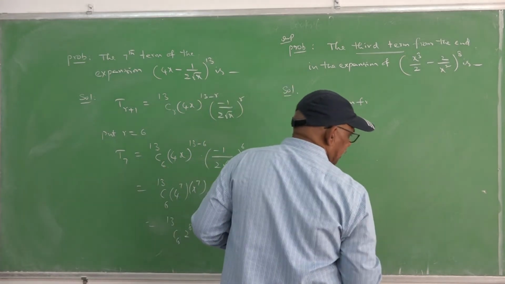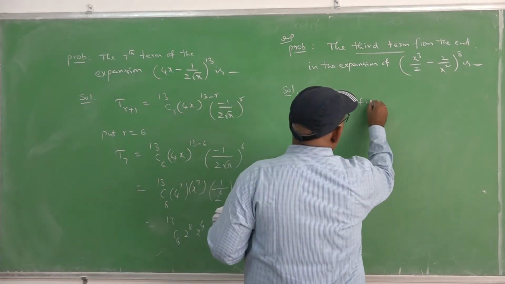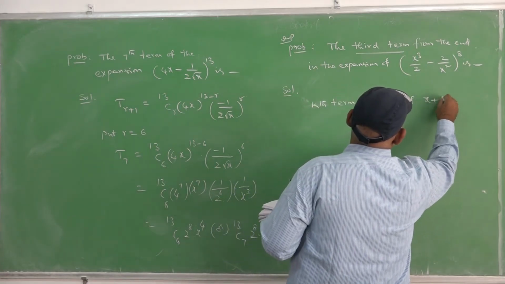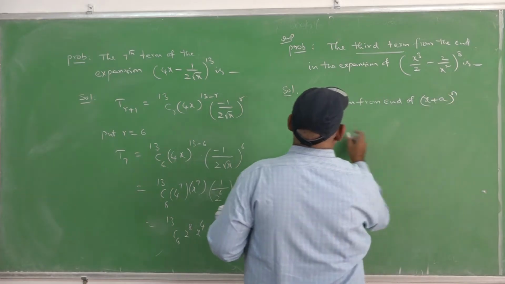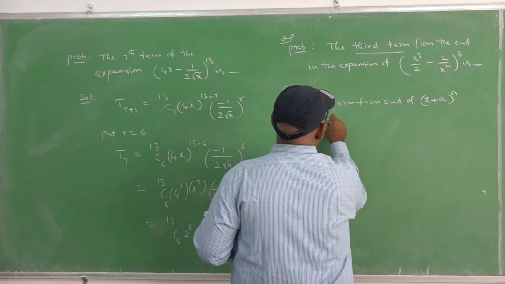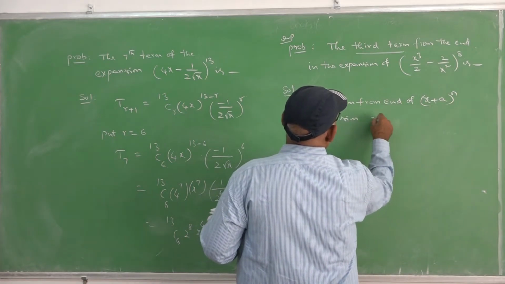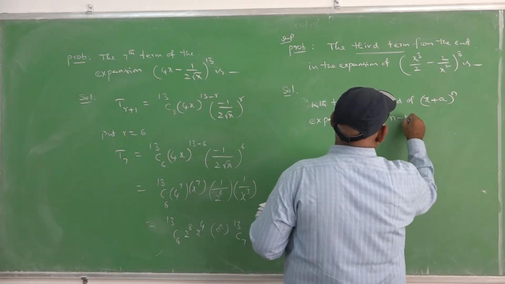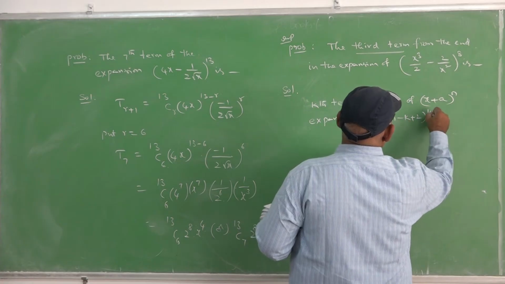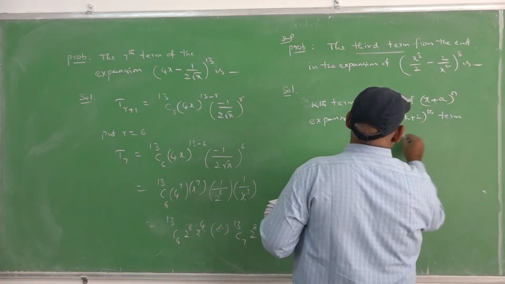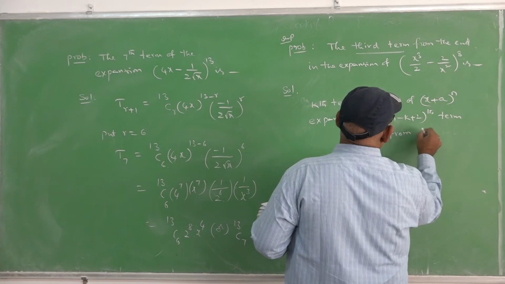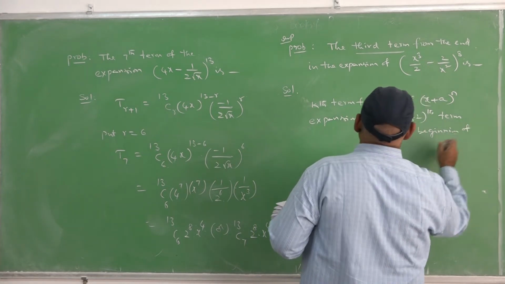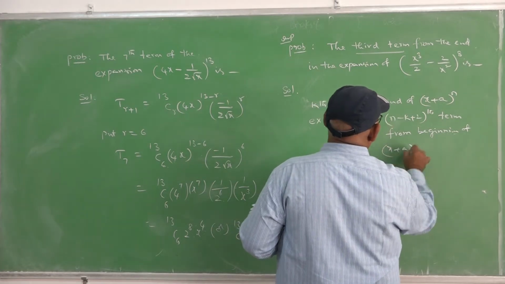Generalizing the concept, the kth term from the end of the expansion of (x plus a) whole power n is equal to the (n minus k plus 2)th term from the beginning of the (x plus a) whole power n expansion.